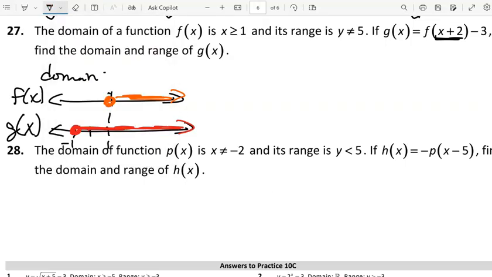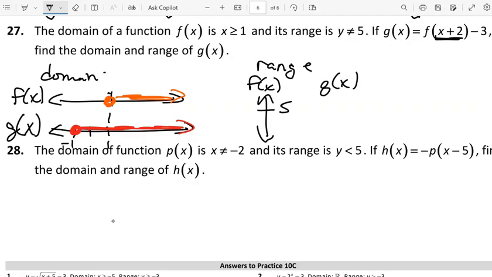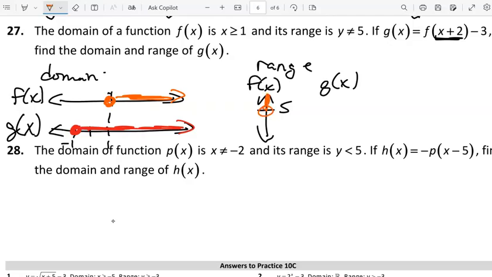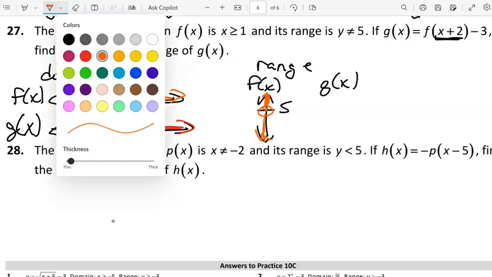We can do the same for the range. So for these, I'm going to draw a vertical number line, one for f of x and one for g of x. And for f of x, the range is y can't equal 5. So that's an open circle on 5, shading everywhere else.